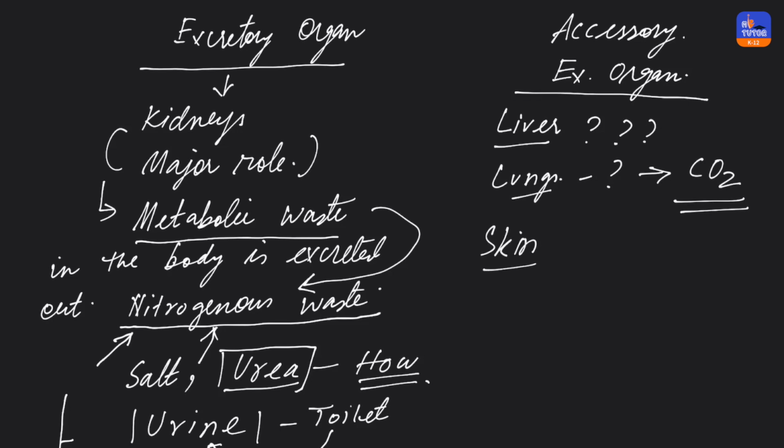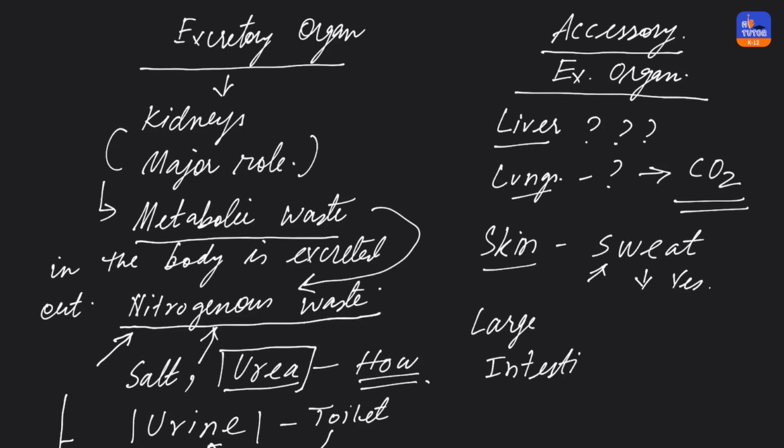Skin is also an excretory organ, but accessory, not the main. Sir, I know that we sweat a lot. So, excessive sweating, do they also excrete something? Yes. Can you guess? If not, don't worry, wait for the time. I'll let you know. Large intestine. Large intestine also helps in excretion.